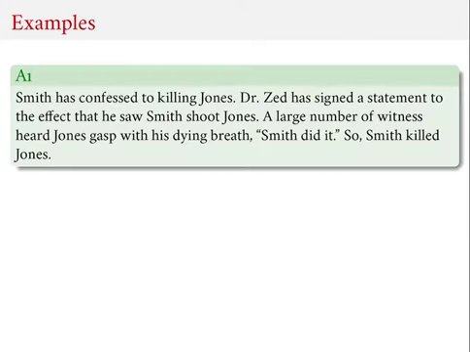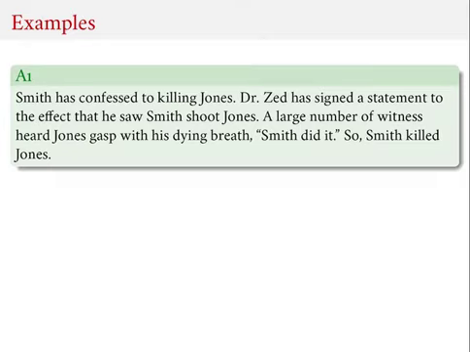So let's first look at a couple examples that we looked at the very beginning as well. Here is a piece of inductive reasoning. Suppose you're on a jury, say, on a trial where someone, Smith, is being convicted of murdering someone else named Jones. Smith, in fact, has confessed to killing Jones.